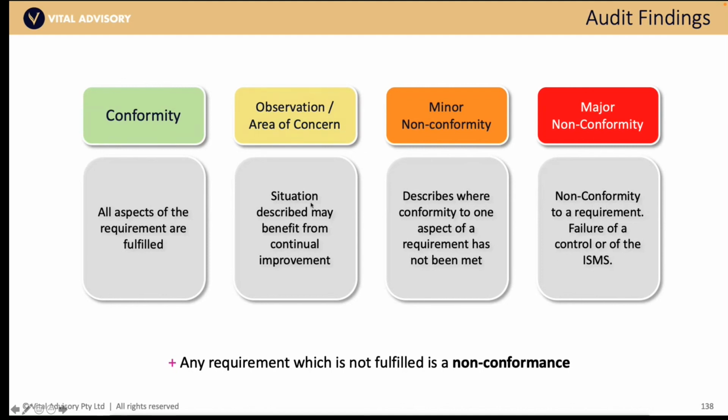So observation, area of concern, situation which might benefit from improvement, or even if it got worse, the area of concern point. If it got worse next year, it's probably a nonconformity just waiting to happen. And the last thing, the conformities. Any requirement that's not fulfilled is the nonconformance.